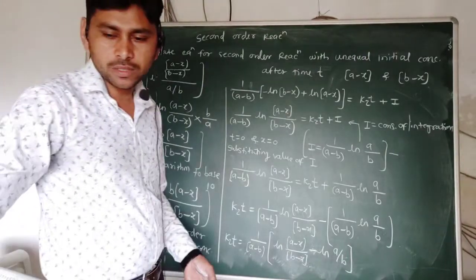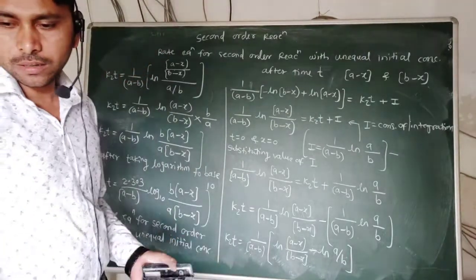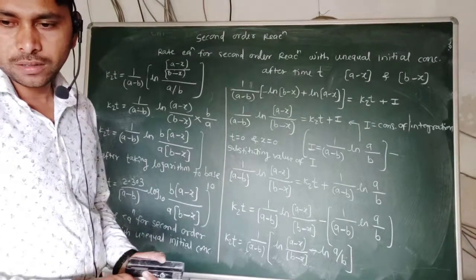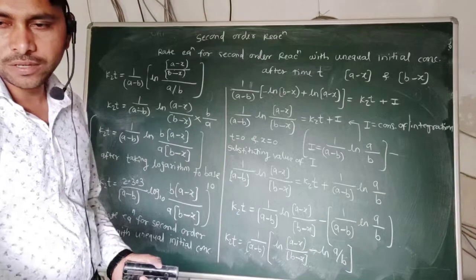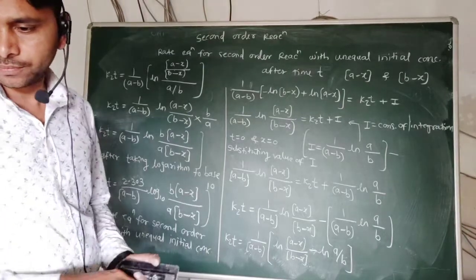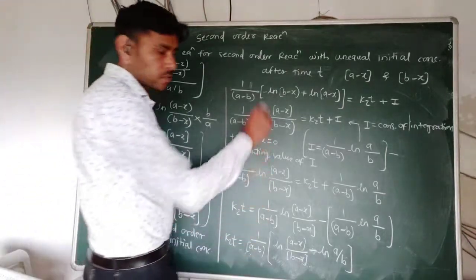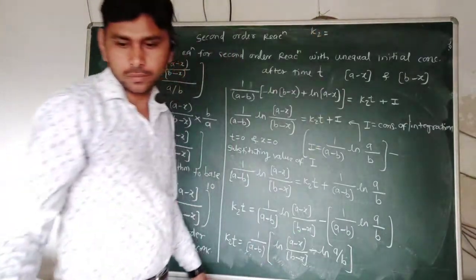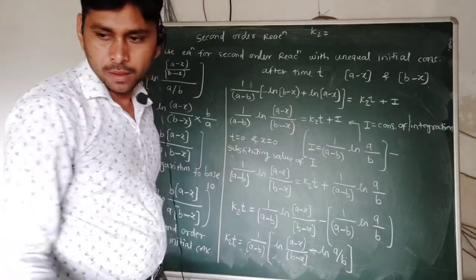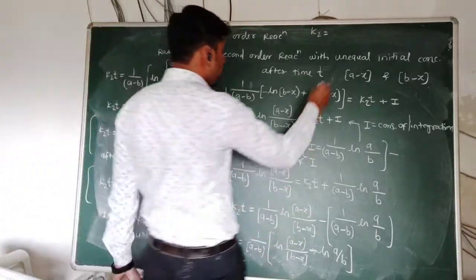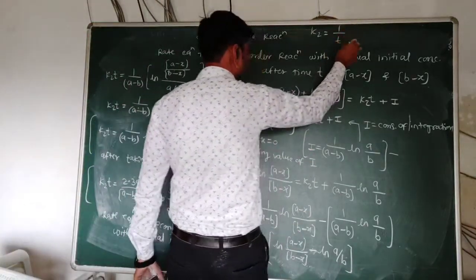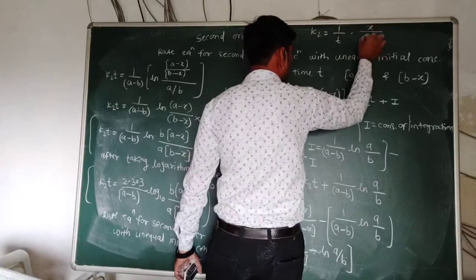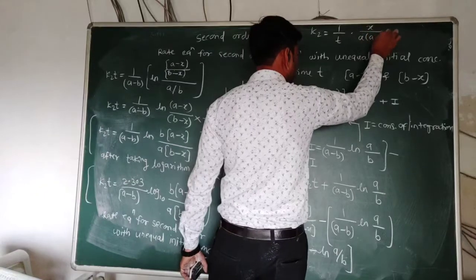For equal initial concentration we have written the equation, that is k2 equal to 1 upon t into x upon a into (a minus x).